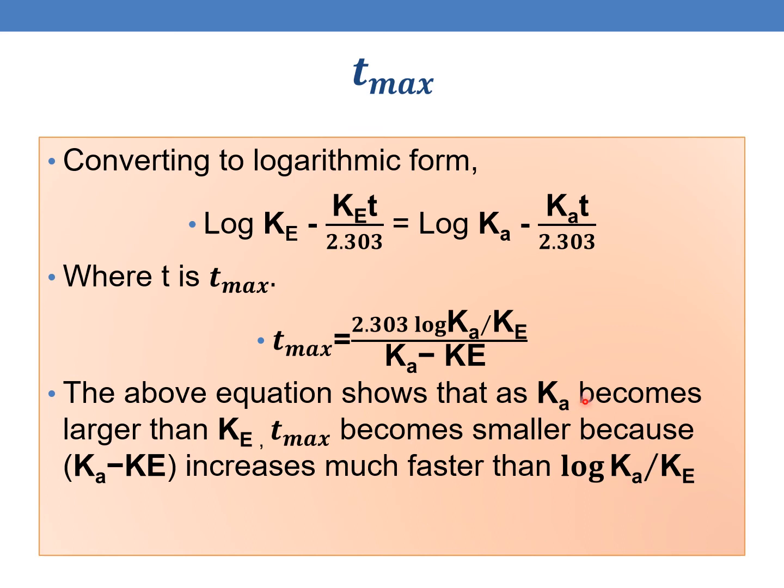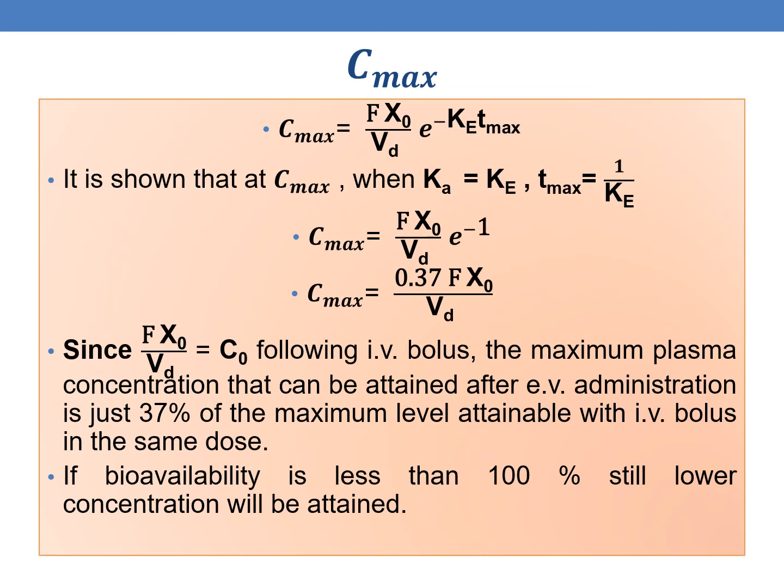That is, the time required to reach the maximum concentration will be less whenever the absorption rate constant is larger than the elimination rate constant. By this term, we can calculate Tmax. Now coming to Cmax. How can we calculate Cmax? Cmax is nothing but the maximum peak plasma concentration.